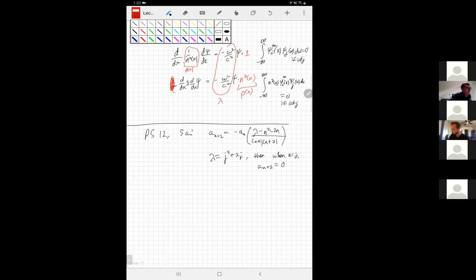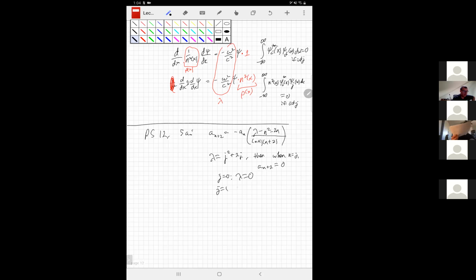That's the whole idea of part C. First, you get that messy formula in part A. Then once you've got that, if lambda happens to be a very carefully chosen integer, then it will eventually terminate. You will eventually have just a polynomial with a finite number of terms. So this is true if j equals 0, lambda equals 0.